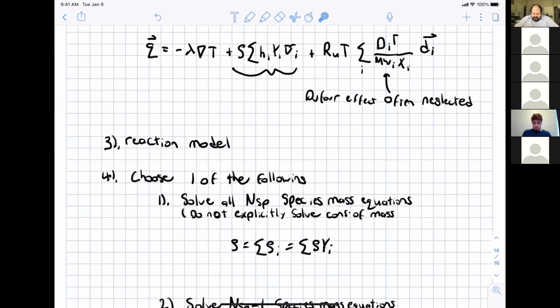Make sure that, if you have a choice, you use a chemical reaction model or mechanism that is valid for the flow regime that you will be modeling.